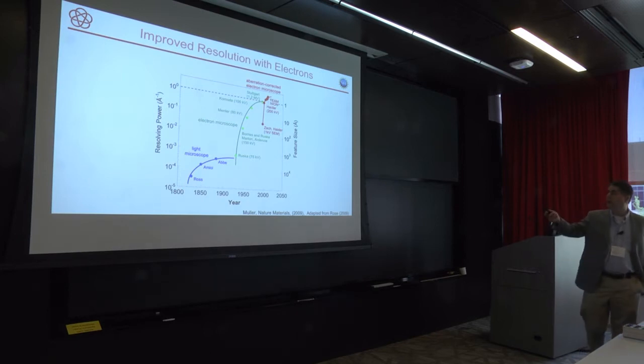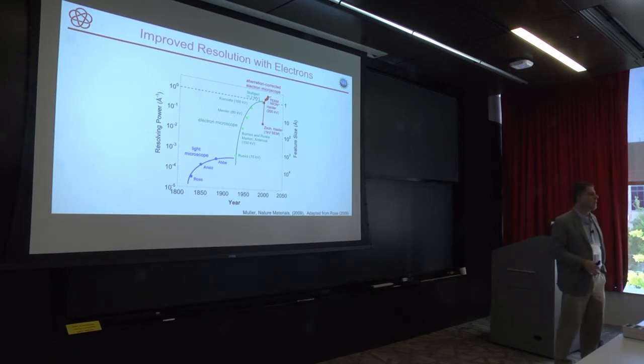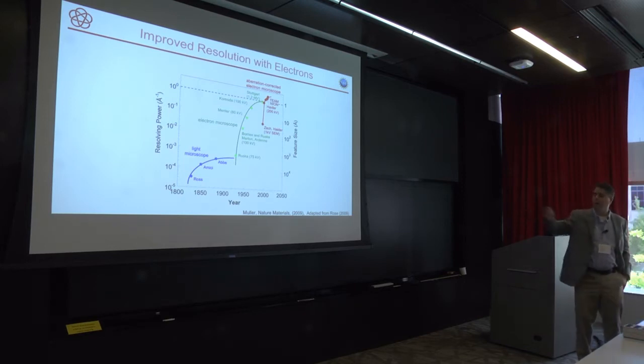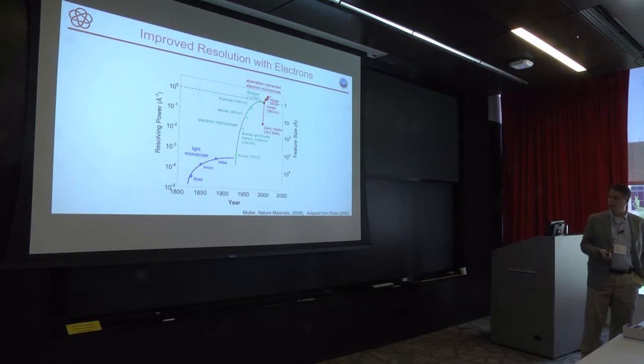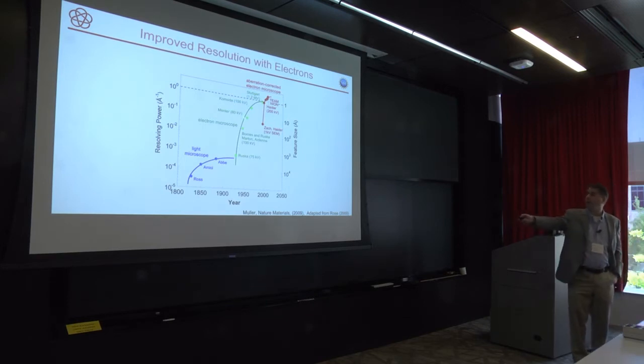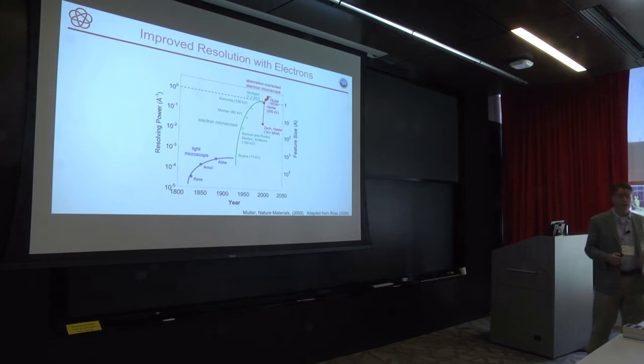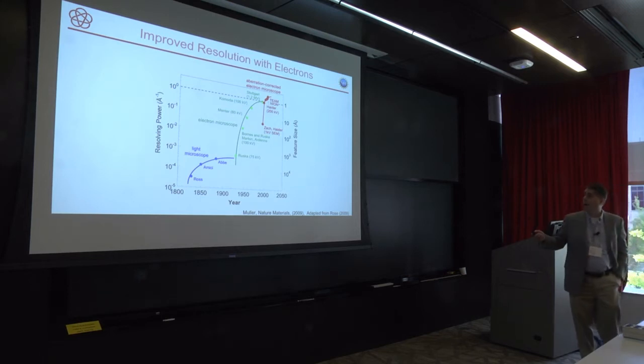And I'm going to make a connection between aberration correctors and improving the emittance of, or at least retaining the emittance of, an electron beam. And the systems that do aberration correction have optics, as I'll show you, that are very, very similar to what you would see in a large synchrotron ring.